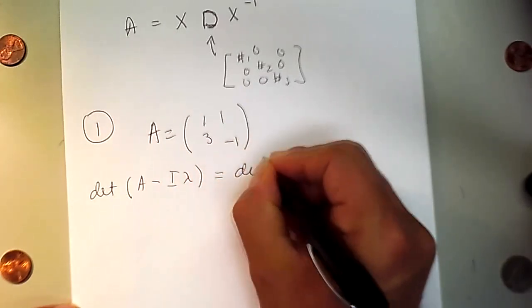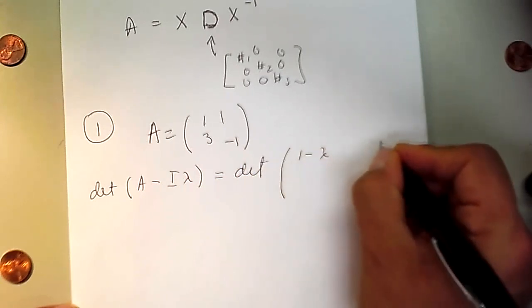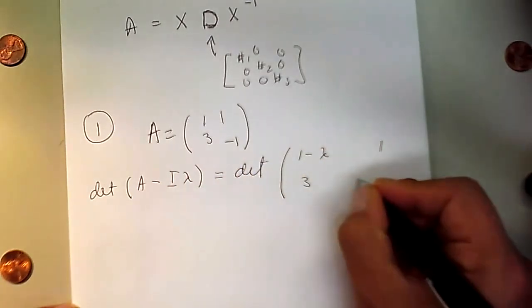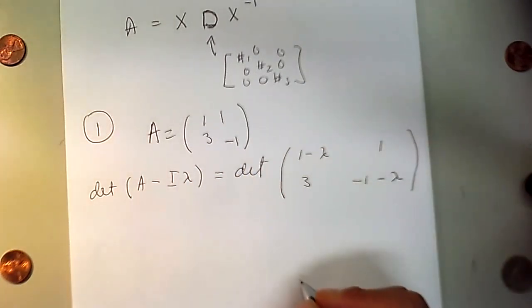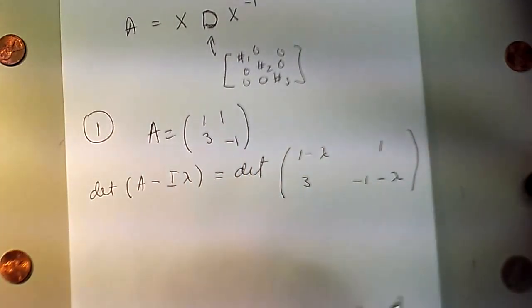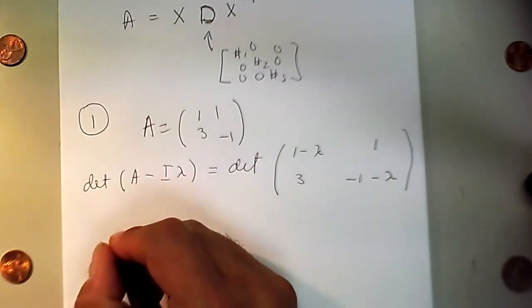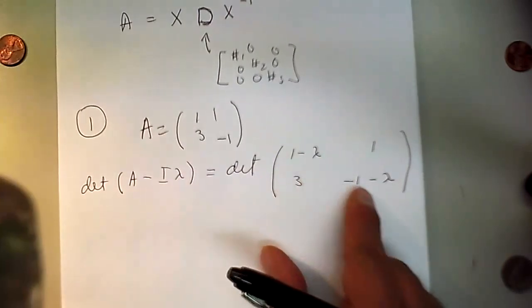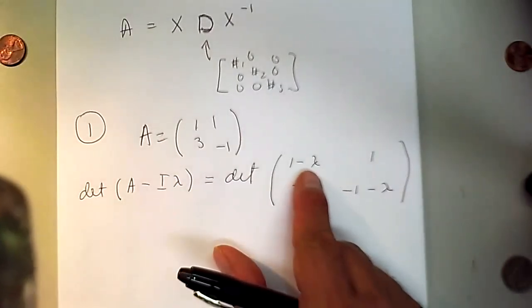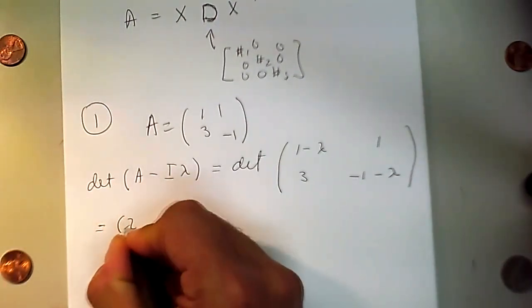So that is the determinant of 1 minus lambda, 1, 3, -1 minus lambda. So this is a little bit of a review of what we did in one of the last videos when we found the eigenvalues. So multiply those two. That is really lambda minus 1, lambda minus 1.